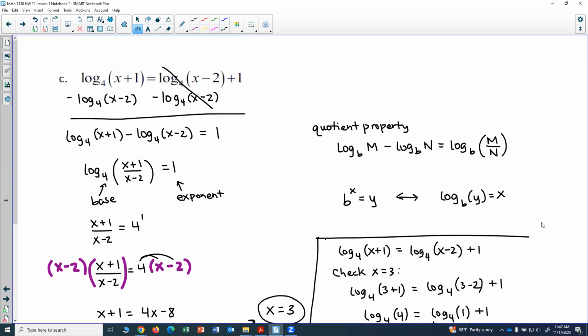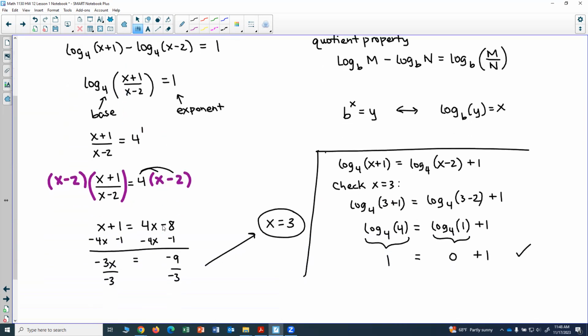So again, we get all our logs onto one side of the equation, get all the constants on the other side, use log properties to combine into a single logarithm, rewrite in exponential form, and then solve for the variable.